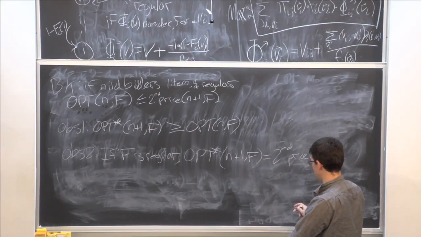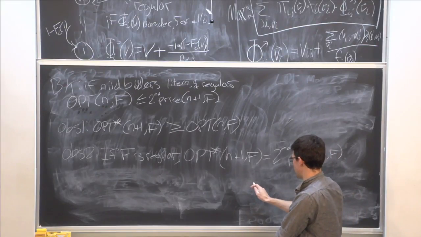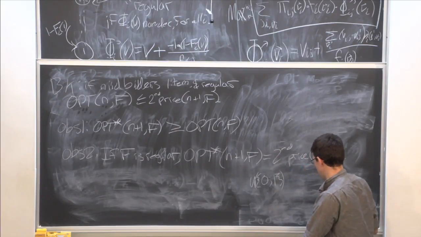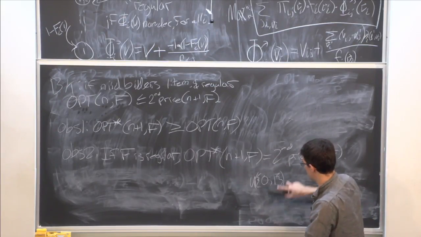Let's just say that the distribution is uniform between, even just like 0, 1 will work. Okay, sorry, that's a bad example.